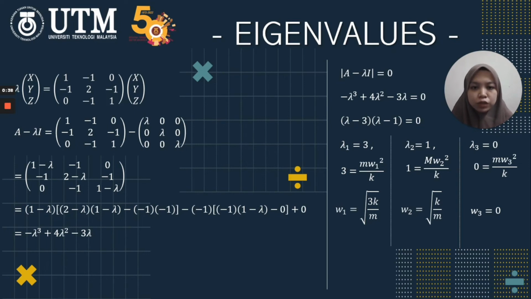Then we need to set the determinant of this equation equal to 0. So we get eigenvalue 1 equal to 3, eigenvalue 2 equal to 1, and the last eigenvalue 3 equal to 0. From all these eigenvalues, we can find omega, where omega 1 equals square root 3k over m, while omega 2 equals square root k over m.